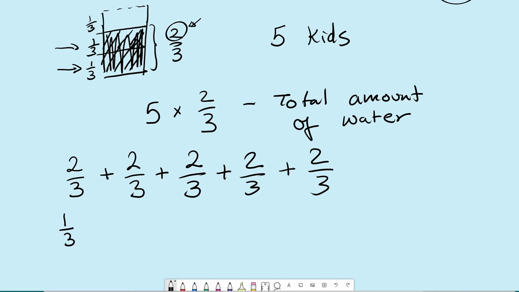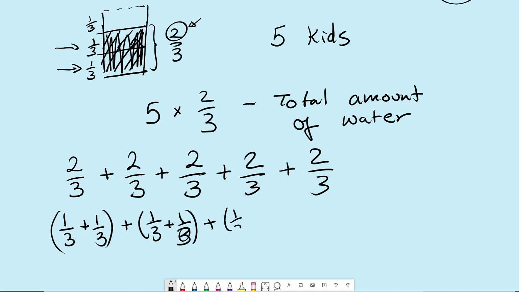So let's write each one of these as a sum of 2/3. Okay, it's a little bit cumbersome, but that was meant to be a 3. But it's worth looking at this in detail. So this is the first 2/3, this is the second 2/3, this is the third 2/3.